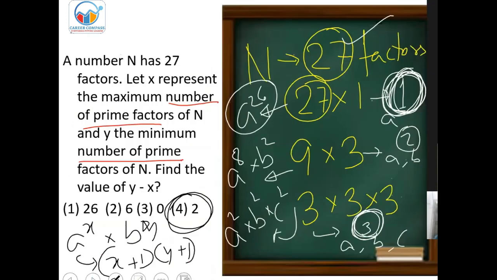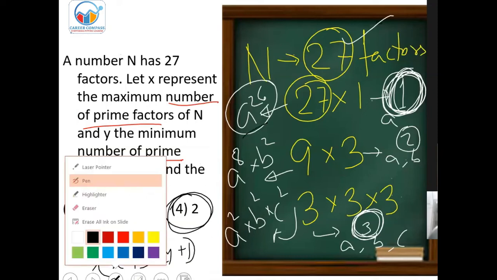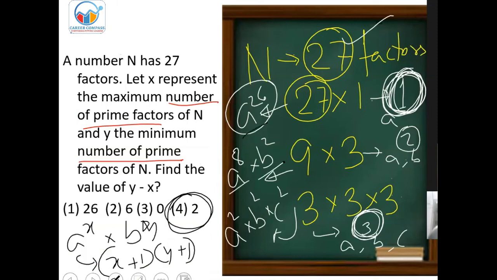The question is, given that n has 27 factors, what is the minimum and maximum number of prime factors? When I say prime factors, please understand all these numbers A, B, C are prime numbers.